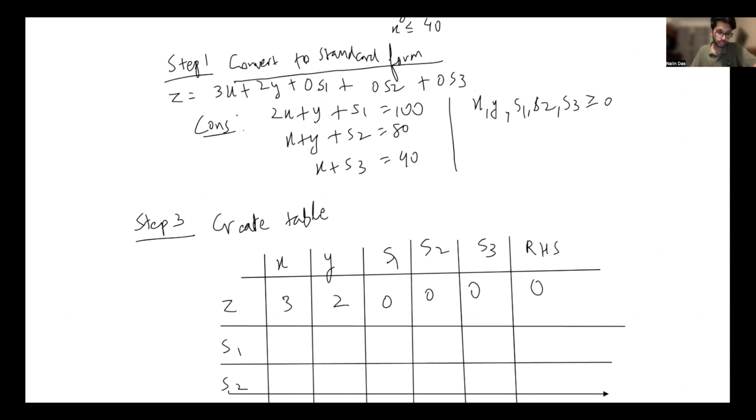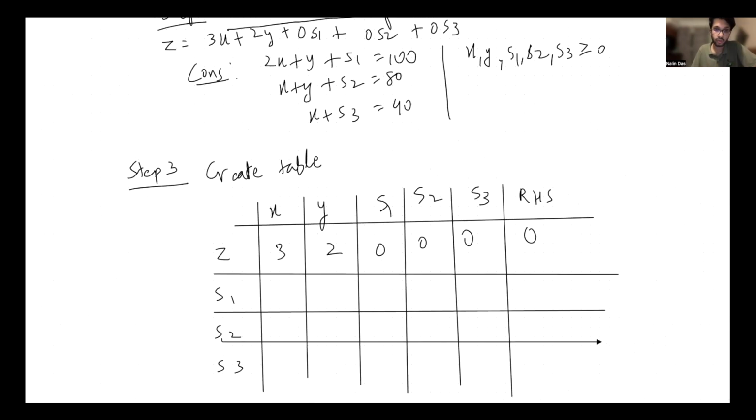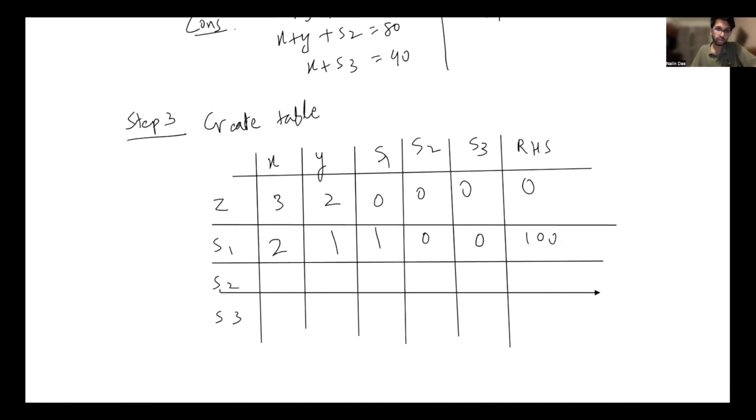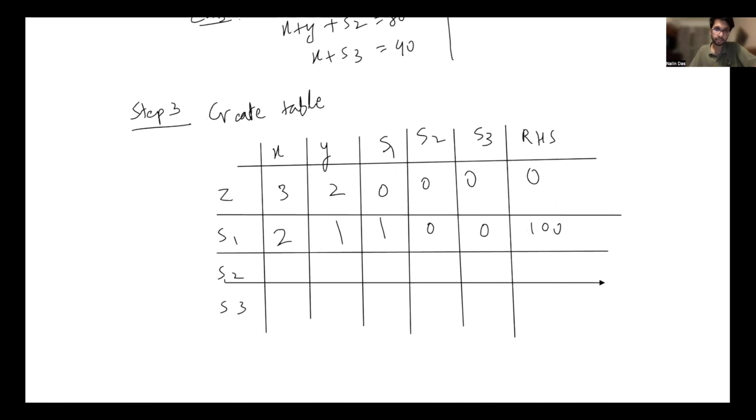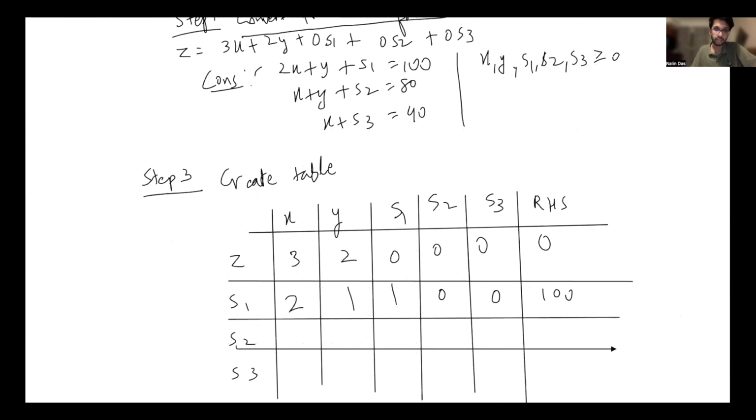For S1, we have 2, 1, 1, 0, 0, and 100. And we have S2. We are taking the coefficients from the second equation, which is 1, 1, 0, 1, 0, and the right hand side would be 80.